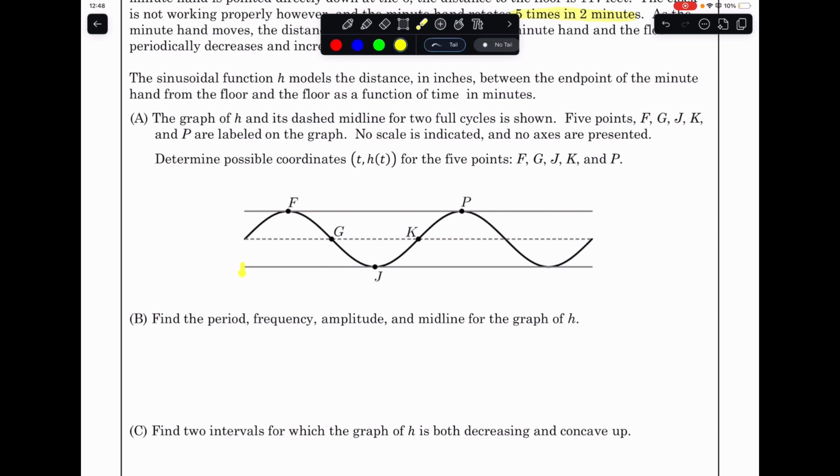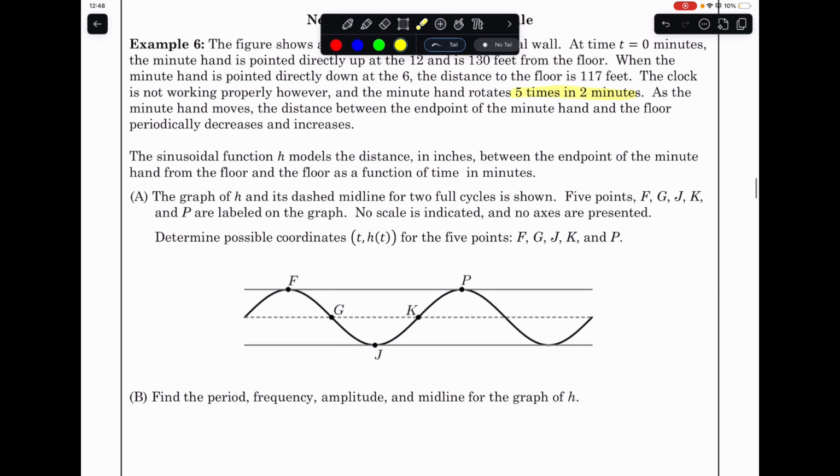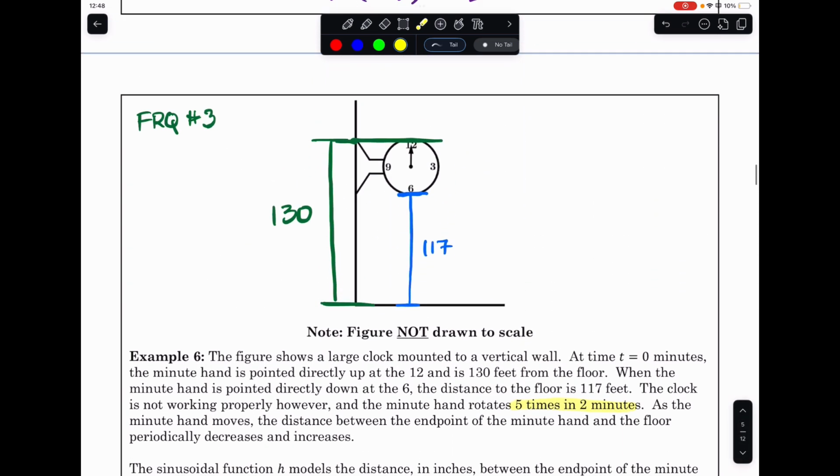So if this starts at 0, this right here, our 1 cycle, our 2nd cycle, this distance right here would be at 2, okay? 2 minutes. But we would see 5 of them, not 2 of them. So we need to do 5 of these before we get to 2 minutes. So that's our frequency. To figure out the period, we're simply going to get the reciprocal of this.